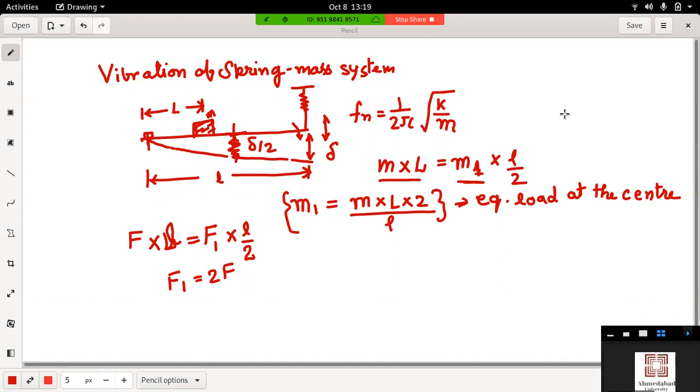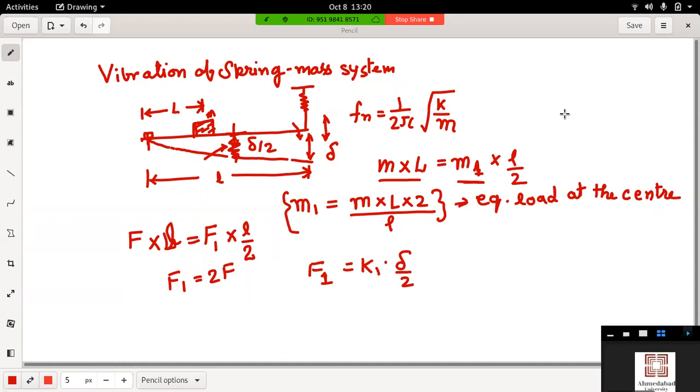We also know that this F1 is equal to K1 into delta by 2. F1 is the new force which is experienced by this equivalent spring, K1 is the stiffness of this new spring, and delta by 2 is the deflection of this new spring.